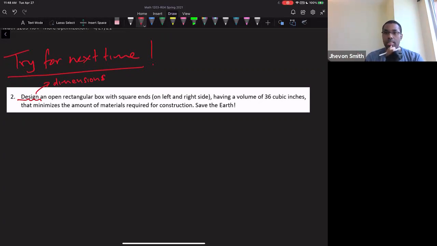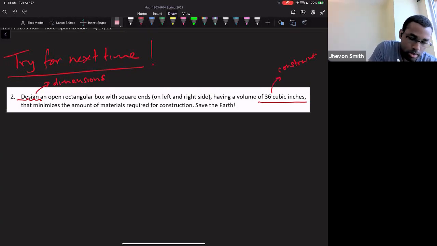With square ends, so the left and right sides are squares, having a volume of 36 cubic inches. Right there, that's a given. That should tell you that's a constraint. Cubic inches tells you that the constraint is volume, right? Volume is measured in cubic units.